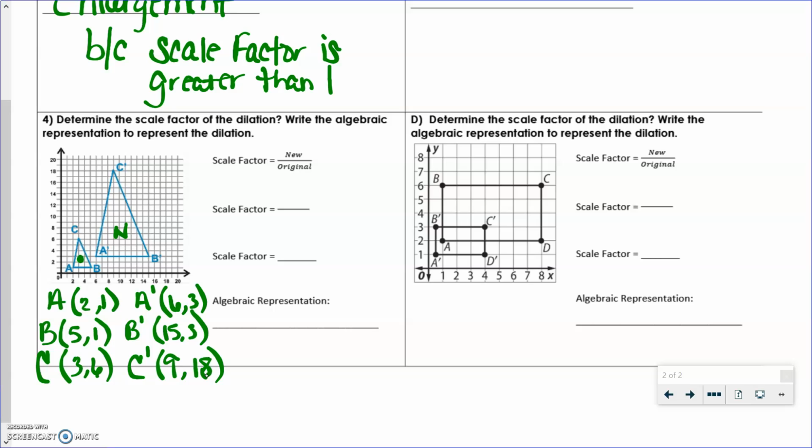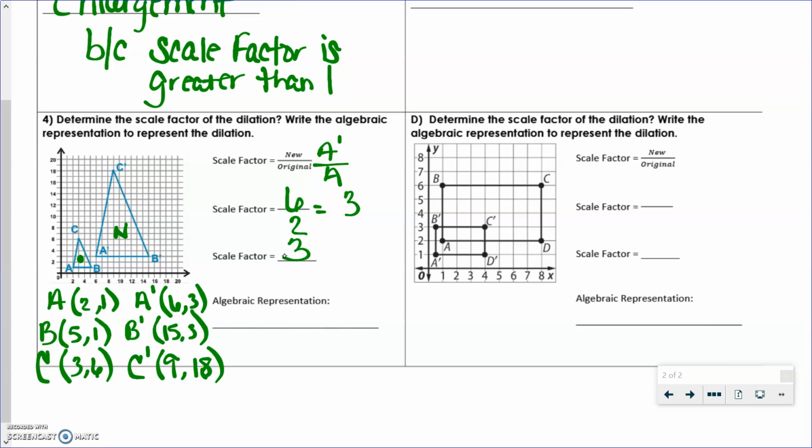So I'm going to put A prime over A. Okay, so my x value for A prime is 6. So I put that at the top. And my x value for A is 2. So 6 divided by 2 is equal to 3. So that means my scale factor is 3.